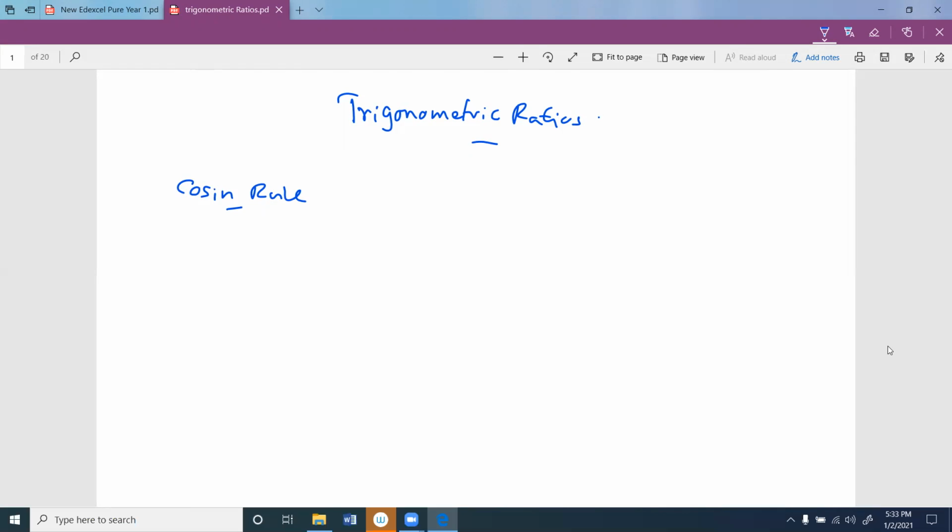Right. The basic concept is, when you're referring to the cosine rule, it's a relationship between three sides and one angle.